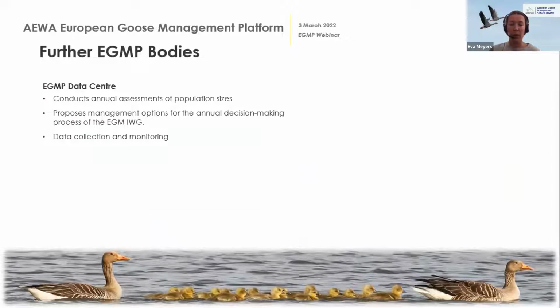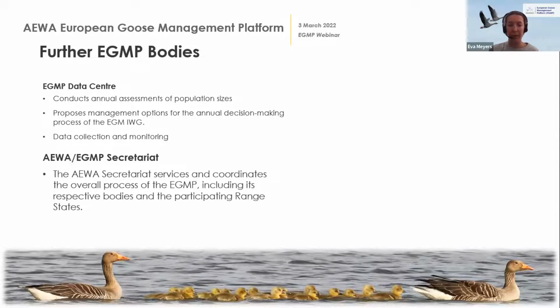The main role of the EGMP Data Centre is to oversee the entire data management and assessments, to conduct these annual assessments and population assessments, propose management options for the annual decision making at each of the International Working Group meetings every year, and to lead on the data collection and monitoring, as well as the wider coordination of the platform, together with the AEWA Secretariat, which is where I am based, and which essentially services and coordinates the overall process of the EGMP, including the respective bodies, the range states, and the administration as well.